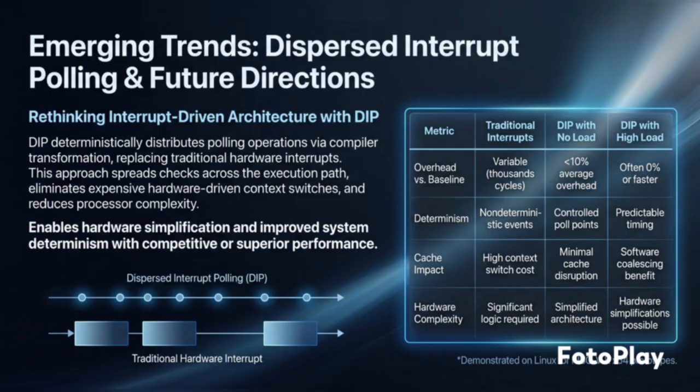From that single mechanical keystroke working its way up the processor to the massive distributed cloud infrastructures routing global traffic, interrupts act as the unsung conductor orchestrating the digital symphony inside our silicon.